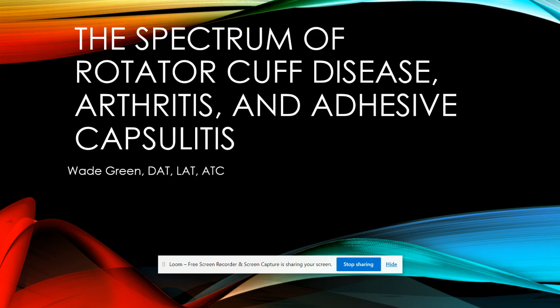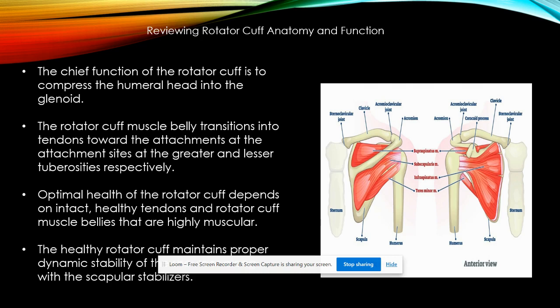So, all right. The last lecture we spent talking about the rotator cuff, arthritis and adhesive capsulitis. As we've said over and over again in class, the chief function of the rotator cuff is to compress the humeral head into the glenoid. As the rotator cuff belly transitions towards the attachment, it turns into a tendon at the attachment site, right?